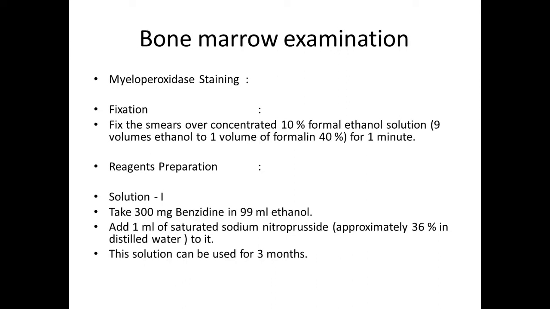Now this myeloperoxidase stain contains two solutions, solution 1 and solution 2. Solution 1 can be prepared by taking 300 milligrams of benzidine powder, which is dissolved in 99 ml of absolute ethanol. Further, we make a saturated solution of sodium nitroprusside.